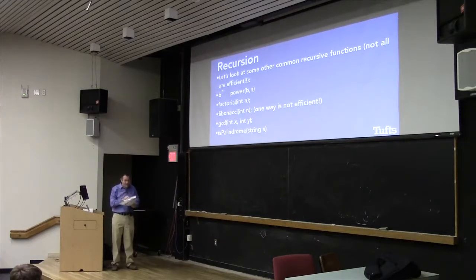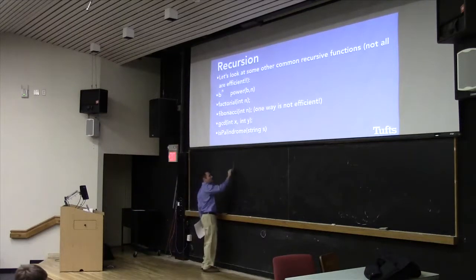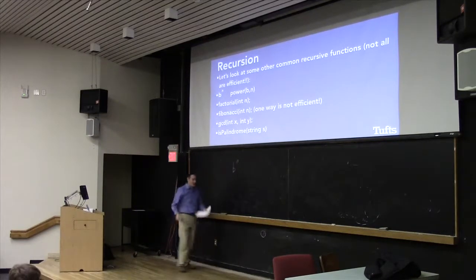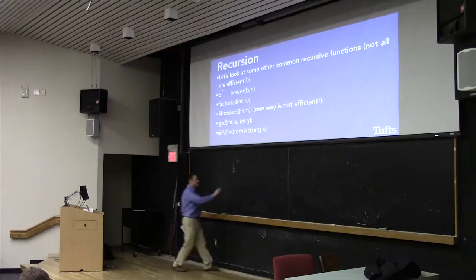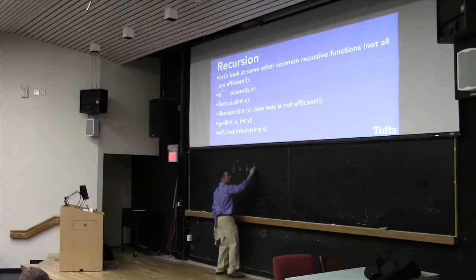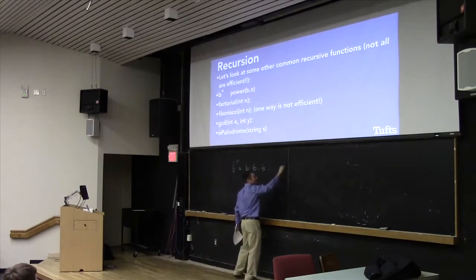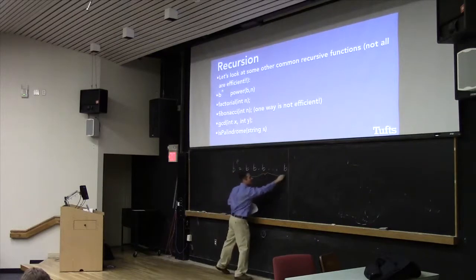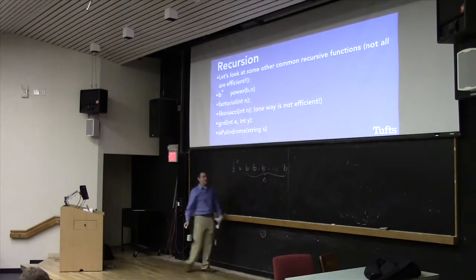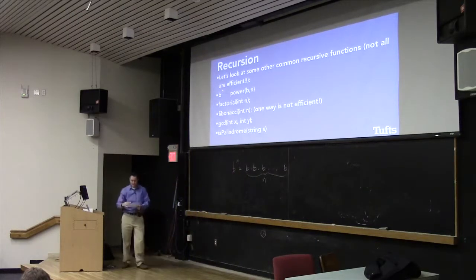If we want to look at the power of a number, in other words, b raised to the n power. OK? What does that mean? Well, you guys all know what this means, right? That means b times b times b dot dot dot b, where this amount is n. OK? That's just how many times it does this.